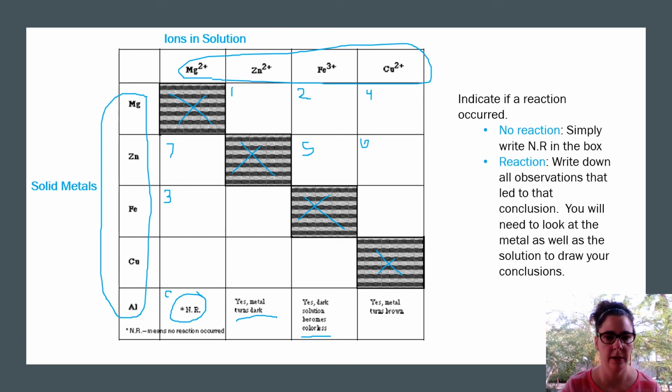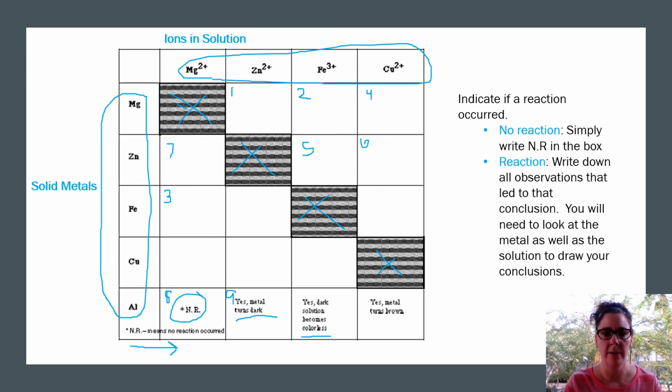So make sure you number these boxes also, so that when you go to start writing out your net ionic equations, your instructor can take the number from your box and match it up to the reaction that you wrote out. Okay, so again, these ones down here with the aluminum, you are writing out these reactions.